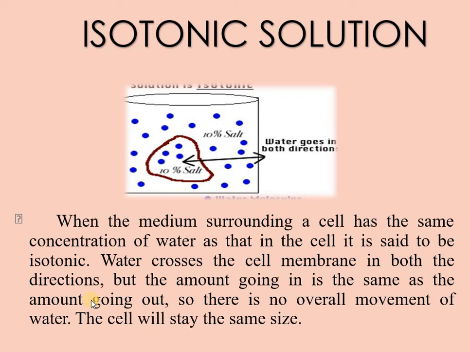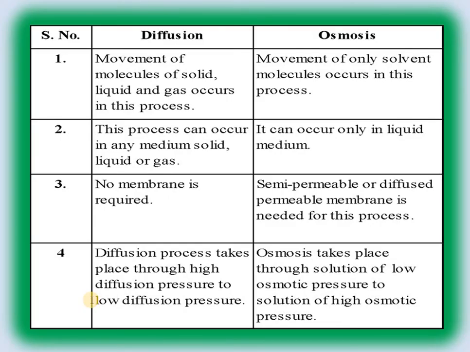So after the discussion of these three types of solution and the talks on diffusion and osmosis, we are in a position to compare the two processes, that is diffusion and osmosis. So what is diffusion? It is the movement of molecules of solid, liquid or gas, and in osmosis it is only the movement of solvent molecules happening.